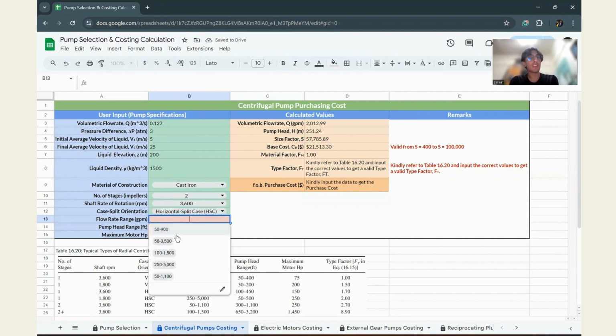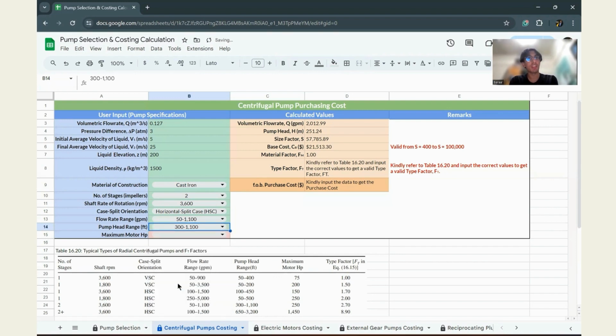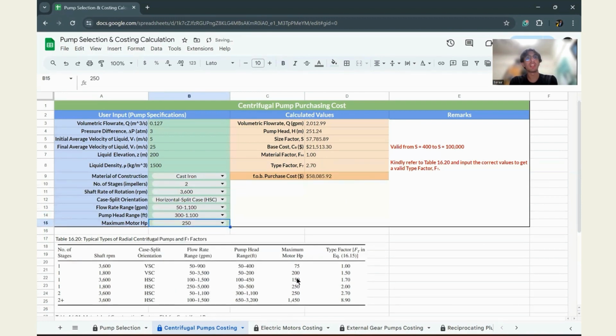For the flow rate range, it will be 50 to 1,100, according to the table. As for the pump head range, 300 to 1,100. And lastly is the maximum motor HP. Basically, it's 250.